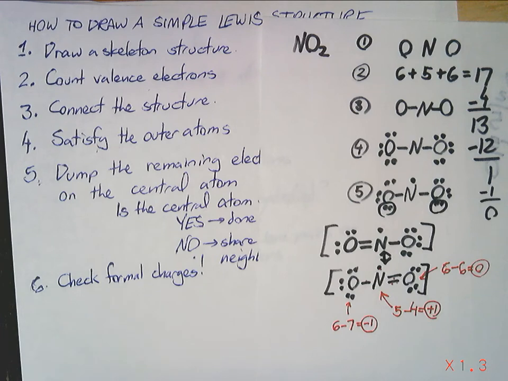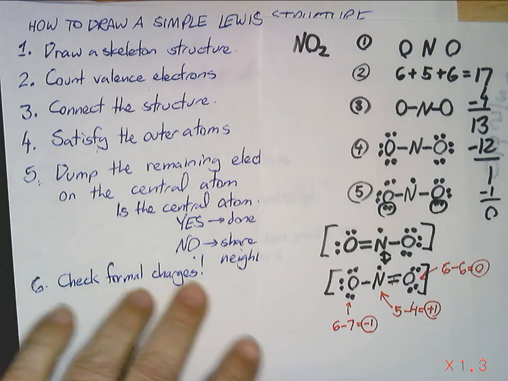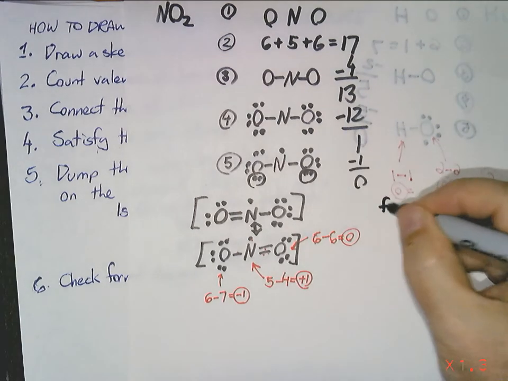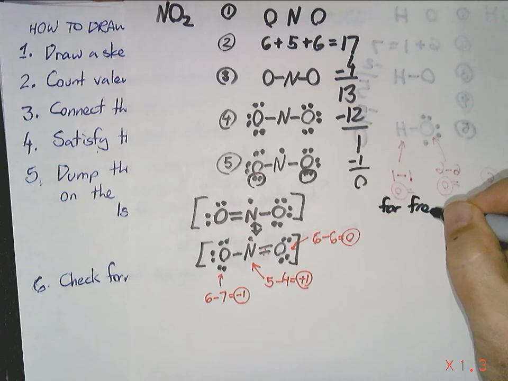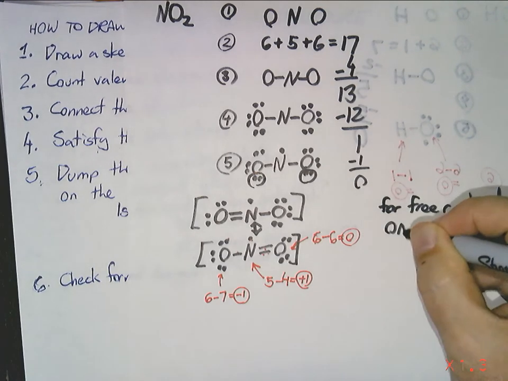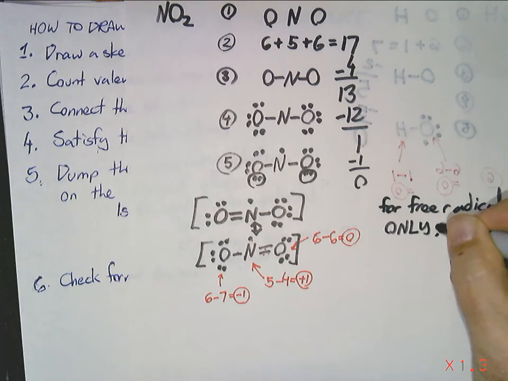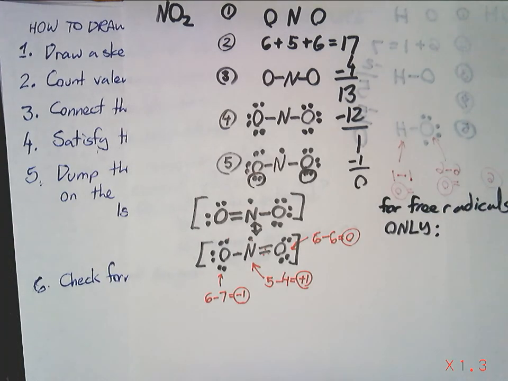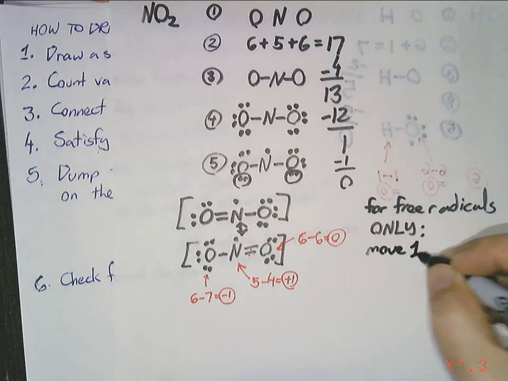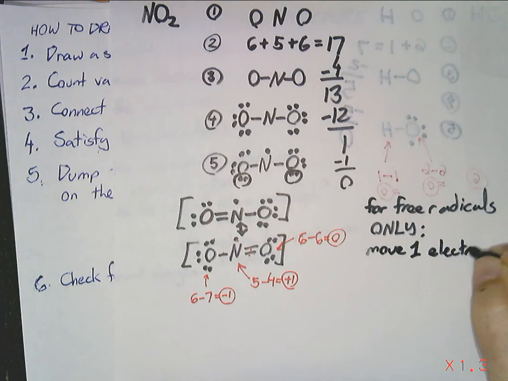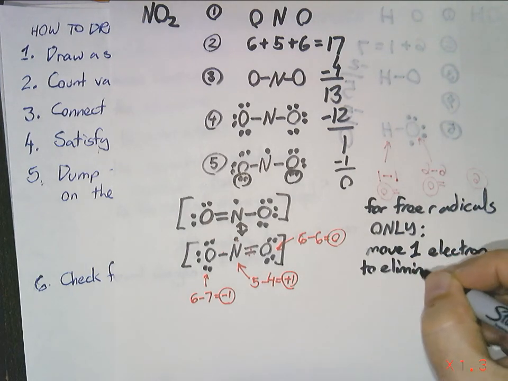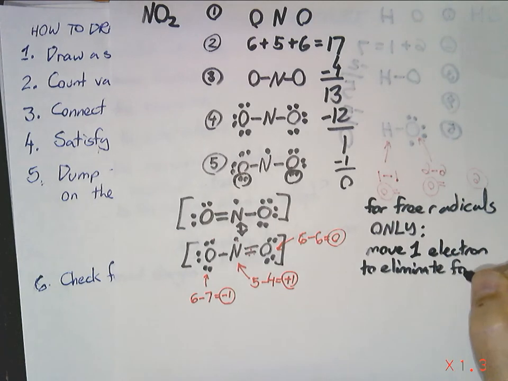But now here's an A student trick, and it only works with free radicals. For free radicals only, you can sometimes get a better structure by moving 1 electron to eliminate formal charges.